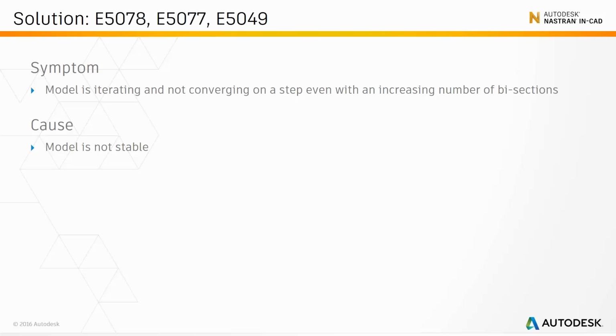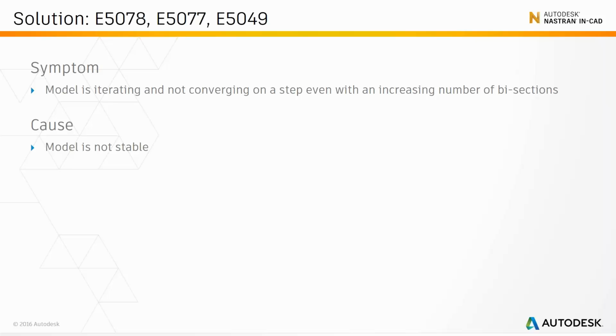And then finally, there's a range of other error messages that you get: E5078, 5077, and 5049. Realistically, this means that the model is iterating but not converging before it gets to the maximum number of bisections, in which case, when it reaches the maximum number of bisections, it kicks up a fatal error.